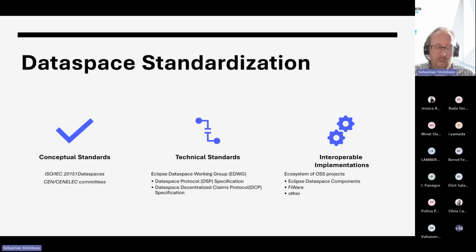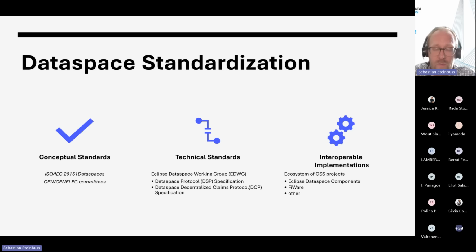For example, also in CENELEC committees, so happening in Europe, but we also see this happening outside of Europe. So there are other local national standardization activities happening that talk about the conceptual aspects of data spaces, mapping also to national regulations and jurisdictions.